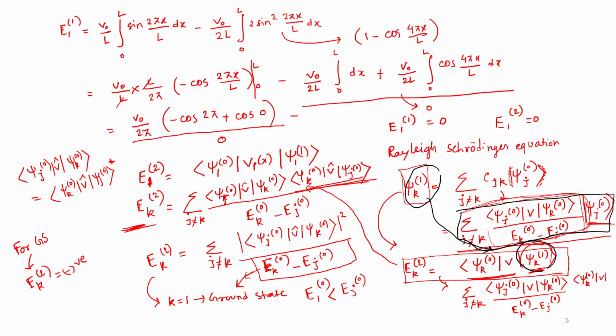Here only psi k zeroth was there, the zeroth order wave function. So now this summation is there, j not equal to k. Now this part is there, psi j zeroth, then v, then psi k naught.